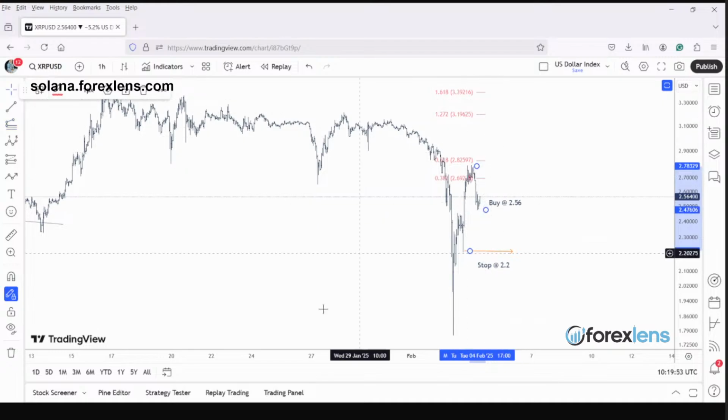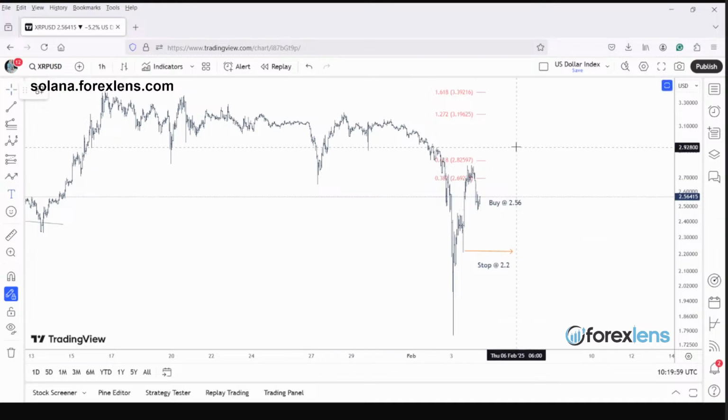It's almost 3.9, so it's above the previous target which was projected. Right, so that could be the potential trade setup for Ripple also next.